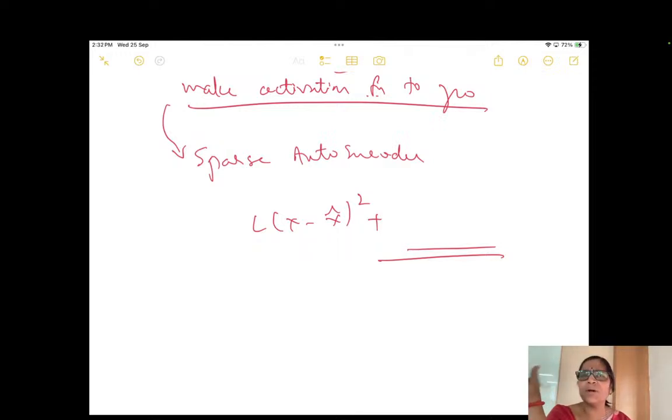See, vanilla autoencoder means you are using a base neural network. Depending on the data you can use anything. For example, if you are using a CNN, your vanilla autoencoder will have a set of CNN layers.